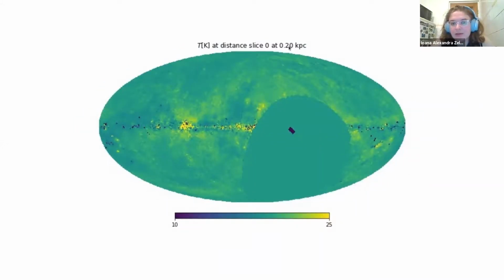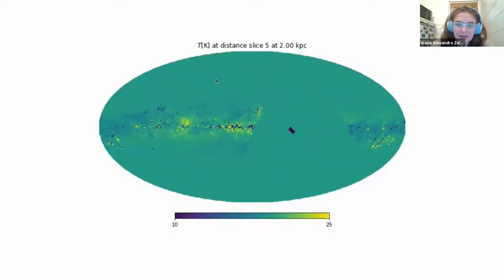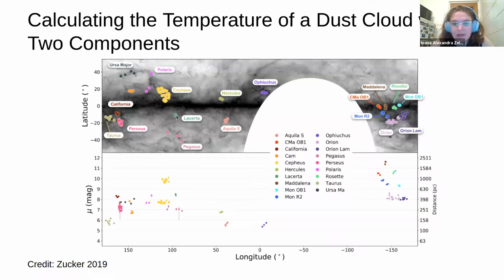So this is temperature at 0.20 kiloparsecs, and then as I move, I get different temperatures for the dust. And the farther away I go in distance, the fewer constraints we have at high latitude because there's less dust over there. But nevertheless, it's a very interesting thing to have, even if it's just lower latitudes.